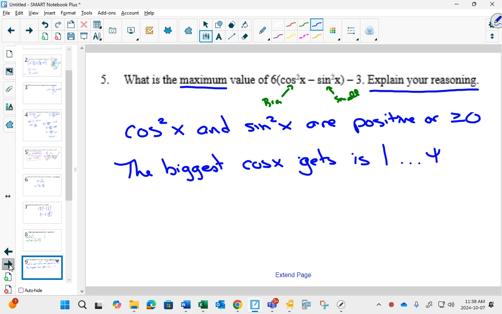This happens when sine x is equal to 0. Because on your pie plate, when cos x is 1, sine x is 0. That's also going to be the smallest sine squared can be.